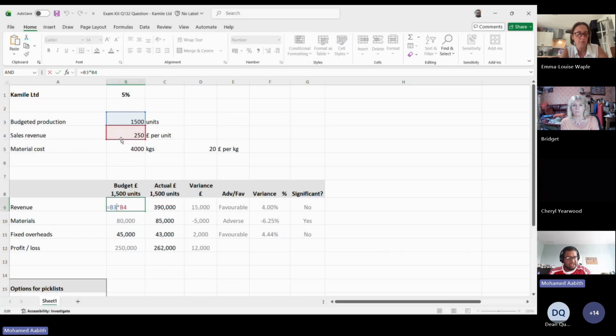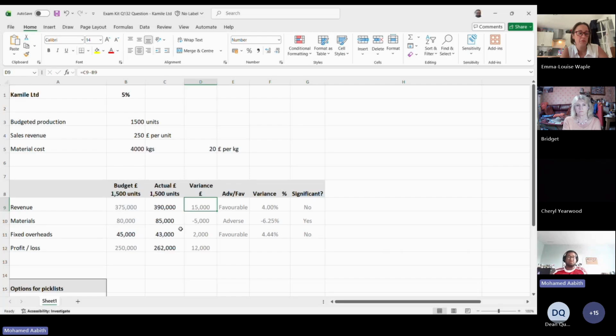So these two cells here, and here, these three cells here. And then the variances are calculated actual minus budget for revenue or the profit, and budget minus actual for materials, the overheads, the labor or any other expenses you may see fit.